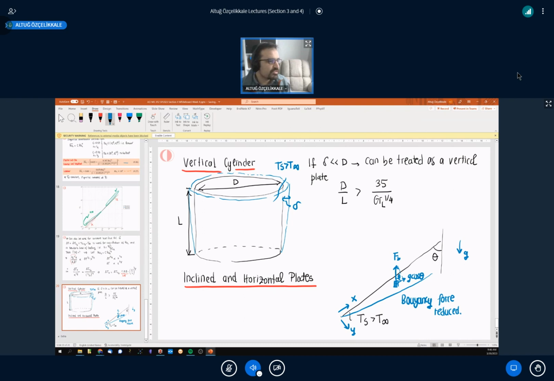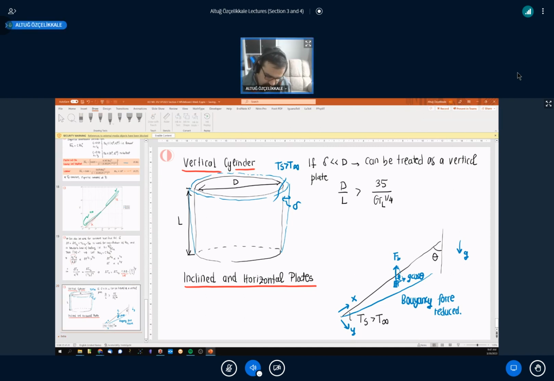Let me actually talk about that. I think the mechanism of why we would have reduced convection when the plate is inclined, at the bottom of the plate, is explained here.